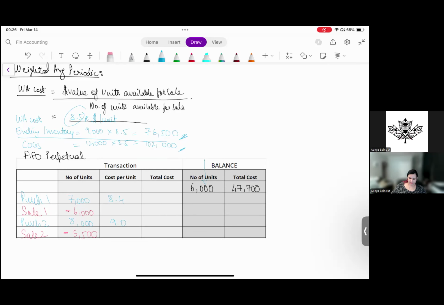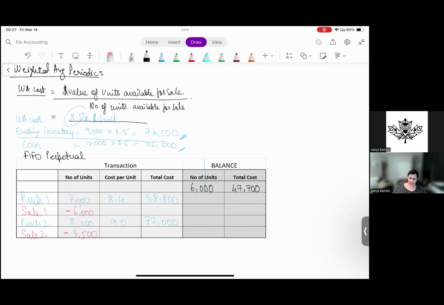Let's see what the total transaction cost for that is. 7,000 times 8.4 gives us 58,800. Great. Next, let's do it for purchase two as well. 8,000 times 9, which is 72,000. Great.